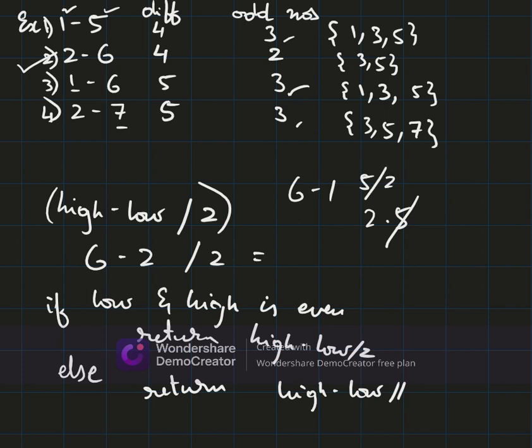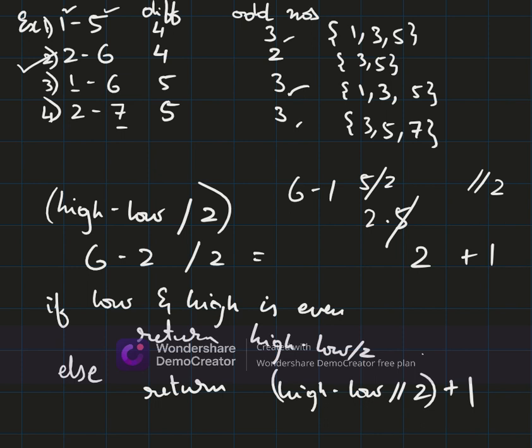So in order to get rid of this 0.5, you can do an integer division. Integer division in Python is double forward slash, and you can do it by 2. So you'll be getting only 2, and since you need 3 as the answer, and since this pattern is repeating for almost all the problems, you can simply add one and return it. So you can return high minus low divided by 2, and to the answer you add 1. This would satisfy the condition.